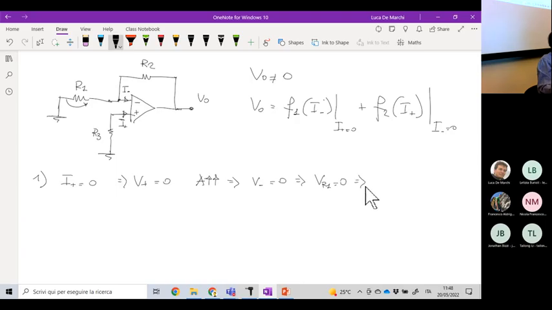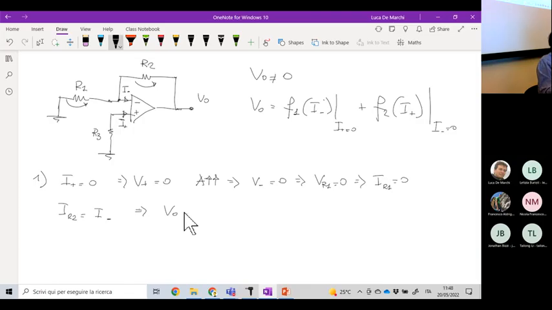And this implies that the current through R1 is equal to 0. So this means that the current flowing in R2 is equal to I minus. And this, in turn, implies that V out is equal to the voltage drop across R2.